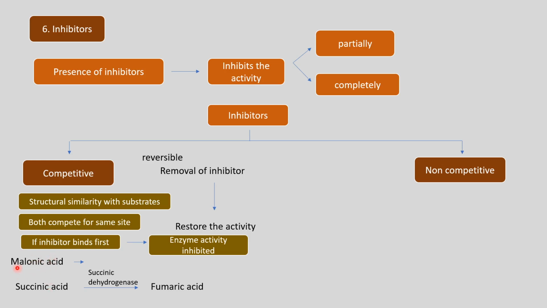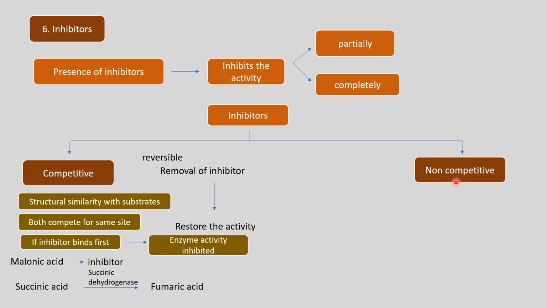So sometimes malonic acid can bind to succinic dehydrogenase, which is the enzyme, and this is an inhibitor. If malonic acid binds to the enzyme, then the product will not be formed, and the enzyme activity is hindered. This happens because the malonic and succinic acids have almost similar structures.